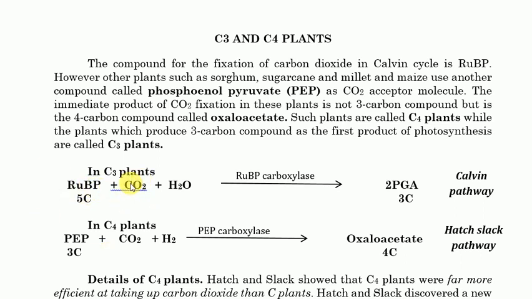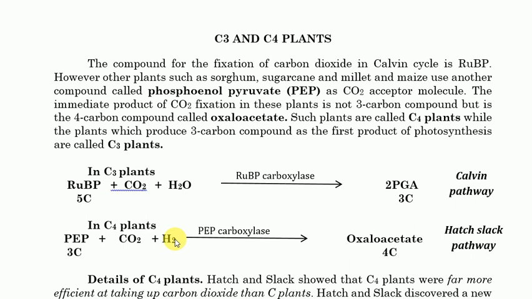As you can see, RuBP, carbon dioxide, water, RuBP carboxylase, 3-PGA. This is the Calvin cycle, where the acceptor is a 5-carbon compound. When it accepts carbon, it forms 2 molecules of a 3-carbon compound. While in C4, we have a 3-carbon compound, PEP, fixing carbon dioxide.